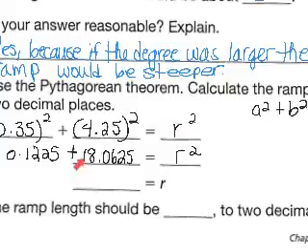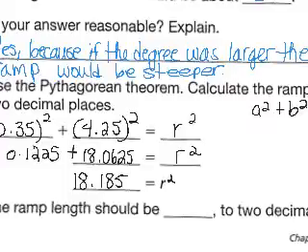So we're going to solve for this. You're going to add those together. 0.1225 plus 18.0625, and we get 18.185. But that's not our final answer because this actually should have a little square number here. So we're going to undo the square by using our square root button.